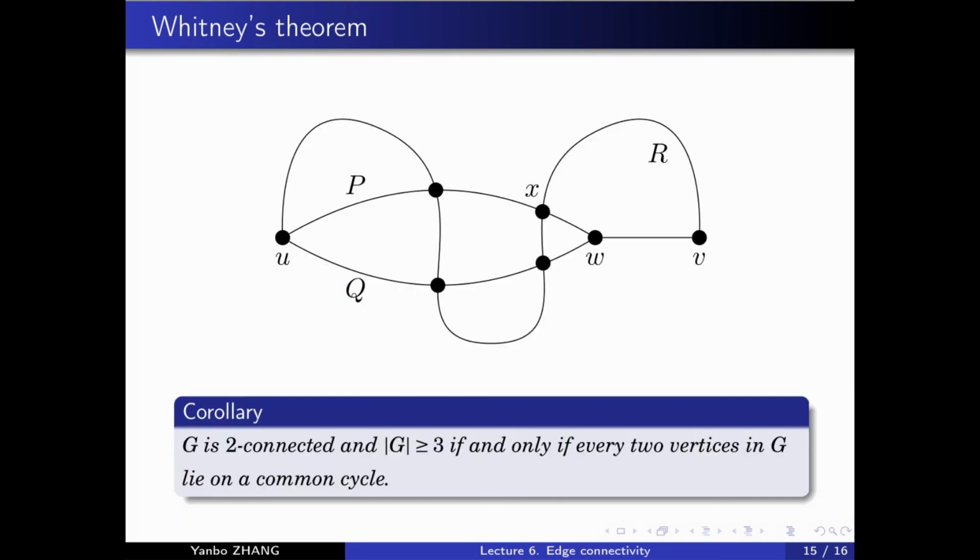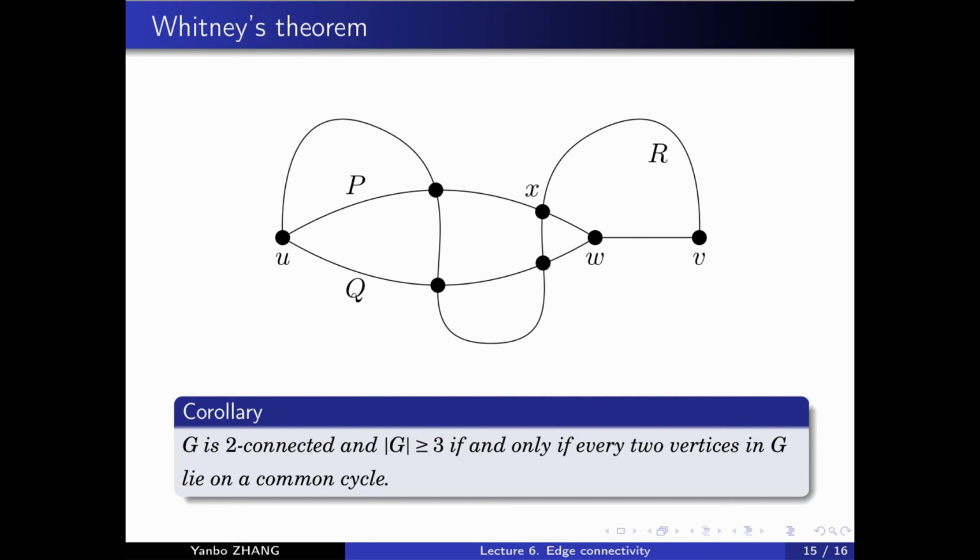In the last part, we have such a corollary. G is 2-connected, and the order of G is greater than or equal to 3 if and only if every two vertices in G lie on a common cycle.